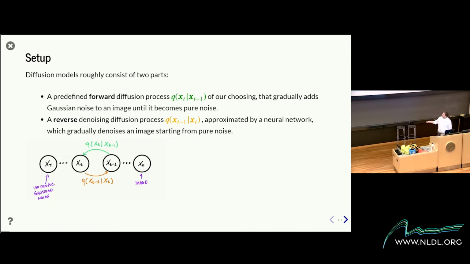Basically we start from x_0, which is our original image, and then we get something that is more and more noisy when we do this forward diffusion process.